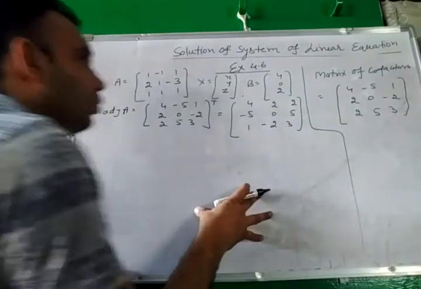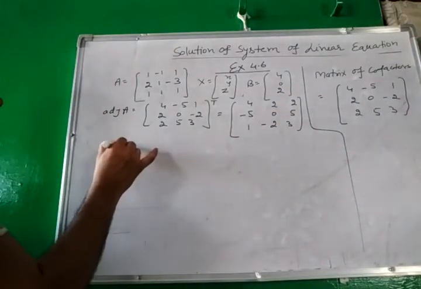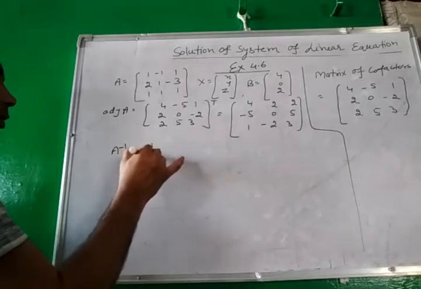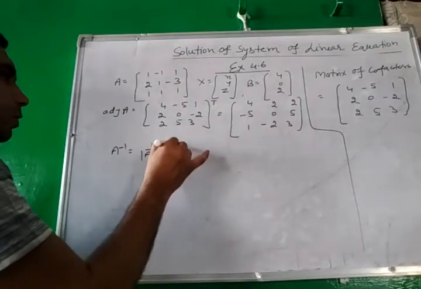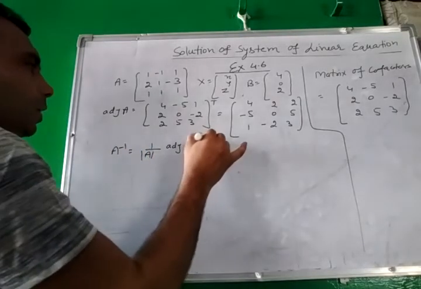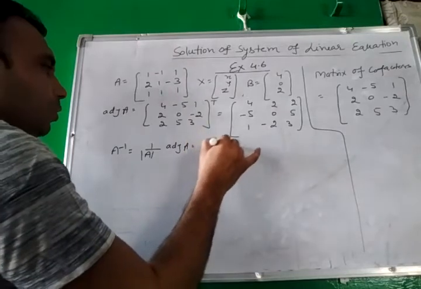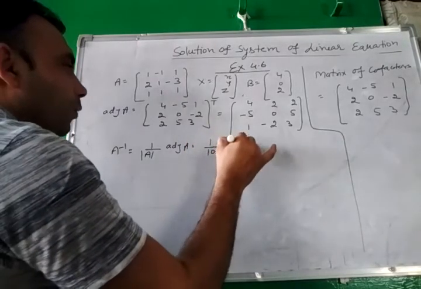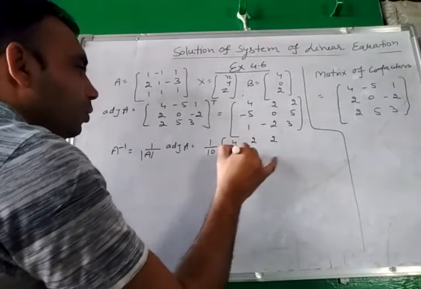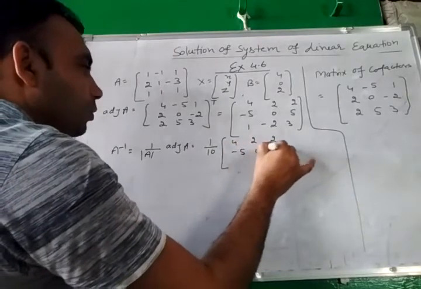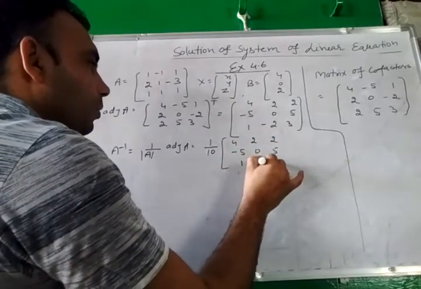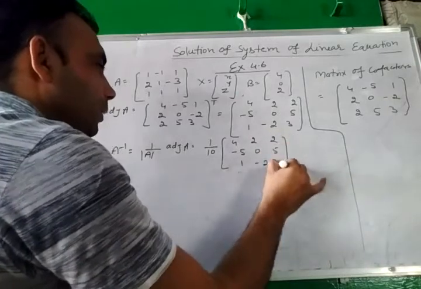Now we will find out A inverse. A inverse is equal to 1 upon determinant of A into adjoint of A, implies 1 upon 10 times 4, 2, 2, minus 5, 0, 5, 1, minus 2, 3.